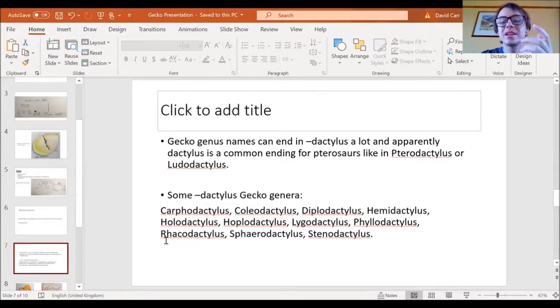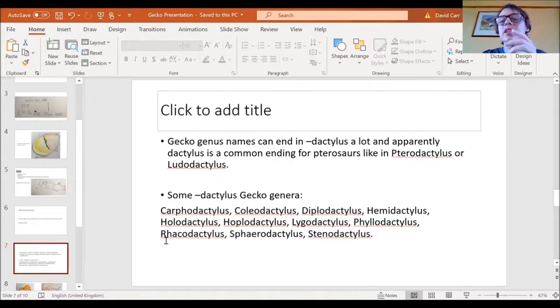fat-tailed geckos. So, African fat-tailed gecko, and this interesting looking one called Taylor's fat-tailed gecko, belong to the genus Hemitheconyx, which doesn't really end in dactylus.